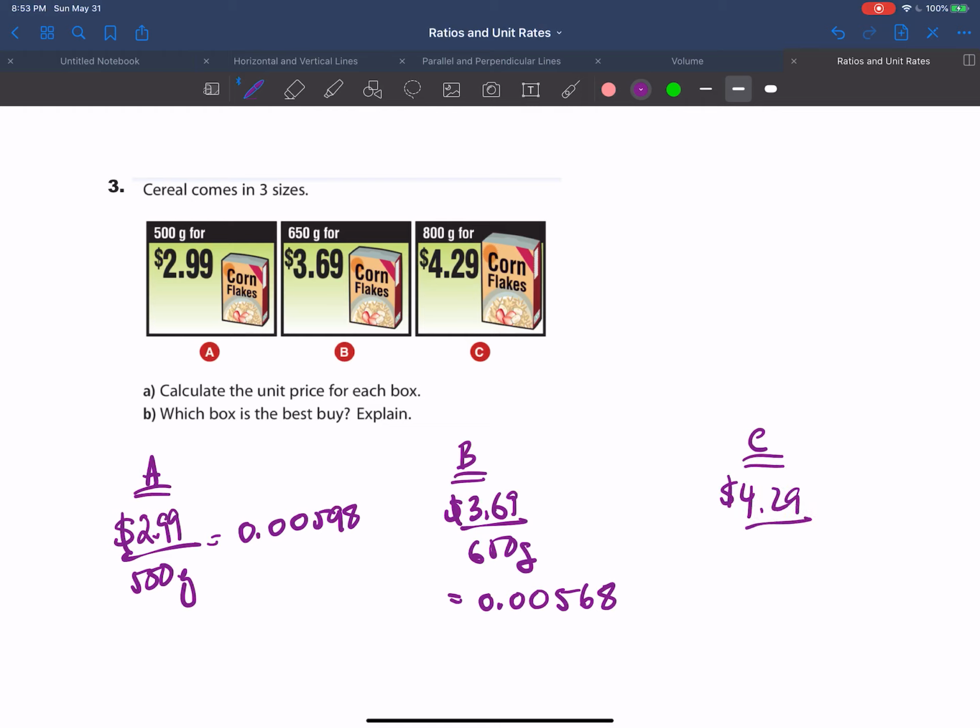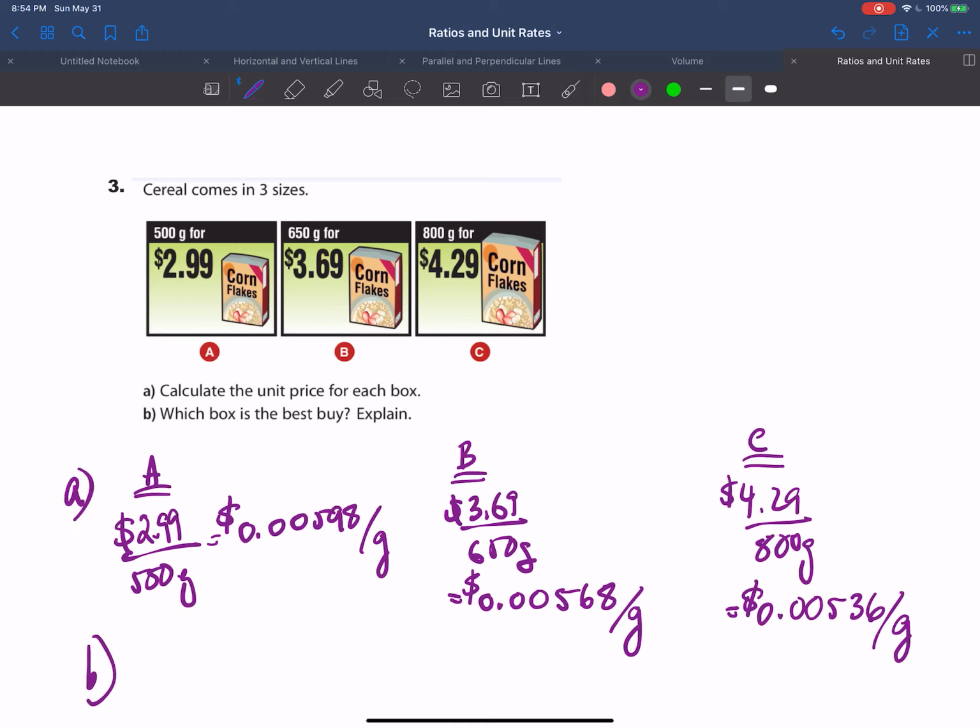$4.29 for 800 grams. Okay, so this means that much money for 1 gram. So we can't really break money down into that small amount, but it's just helpful for us to compare. So that's A. Which box would be the best buy?